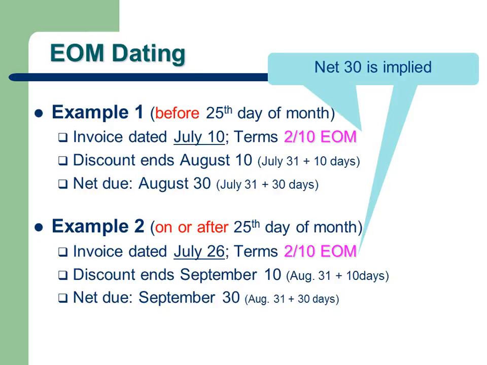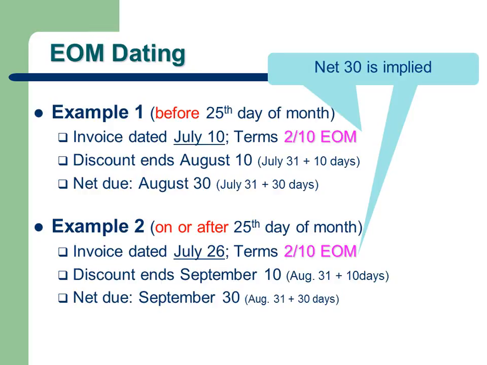So the cash discount period is going to end on September 10th, which is 10 days from August 31st. That also automatically pushes the net amount due date. So the net amount due is going to be September 30th, which is 20 days after the last cash discount day, or 30 days from the EOM, which is August 31st in this case.